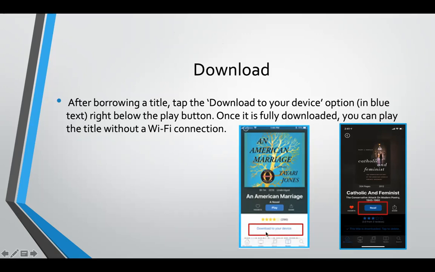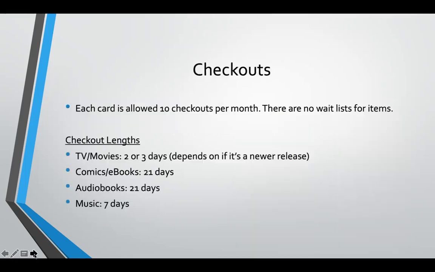You just click on that. You only need to do that once. And once you have it downloaded, the button should just turn to either play or read. This one's the ebook, so it just says read. And it tells me at the bottom with the check mark that this title is downloaded. So it lets you know when things are downloaded and when they're not.